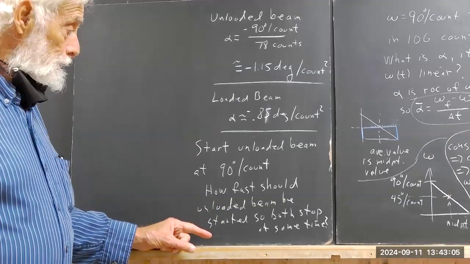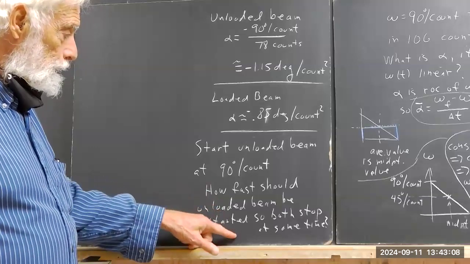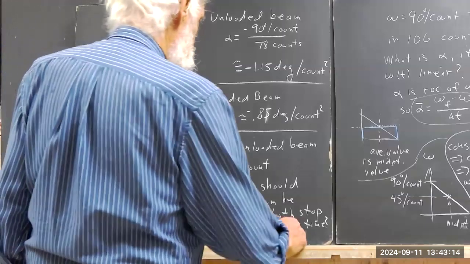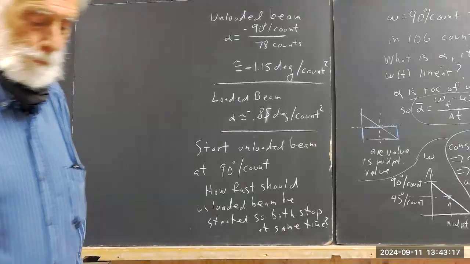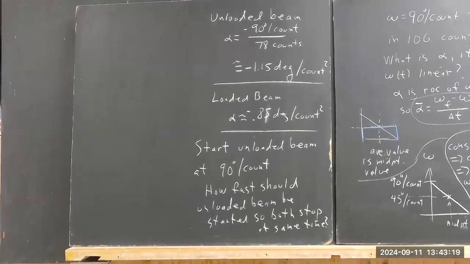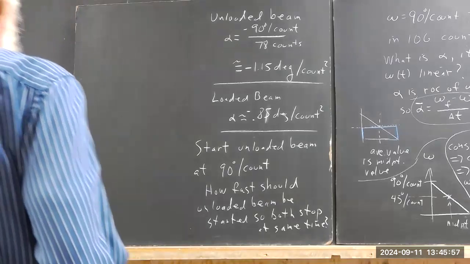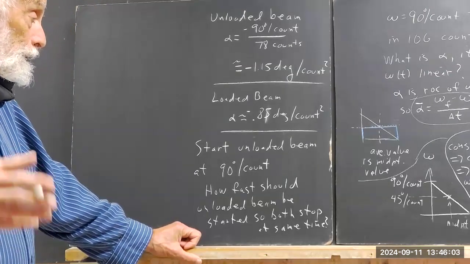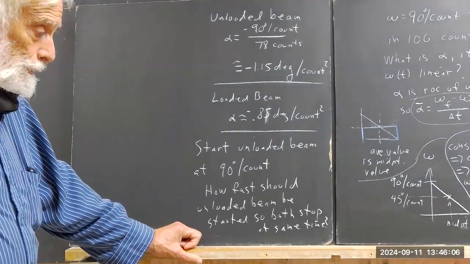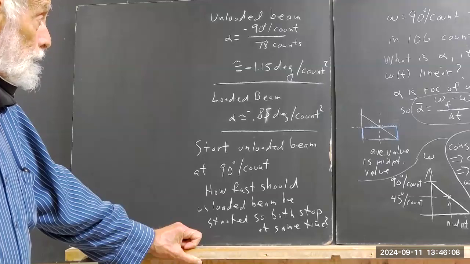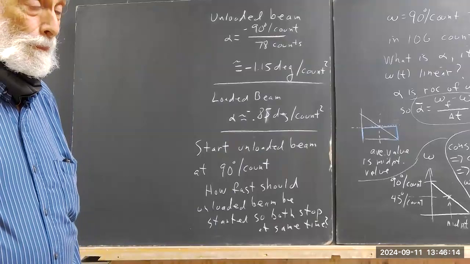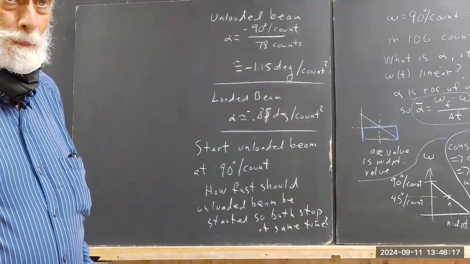So, how fast should it be started so that they both stop at the same time? How would you approach the problem? If this is a lab, I give you longer to think about it. One point you made when I was discussing this was, well, it takes 106 counts for this thing to come to rest, right? So that one would have to take 106 counts too.